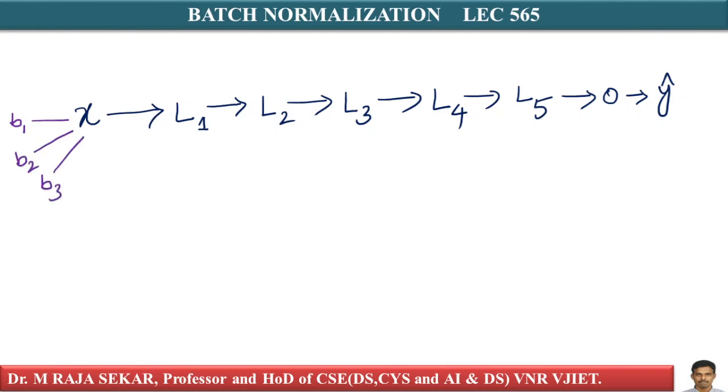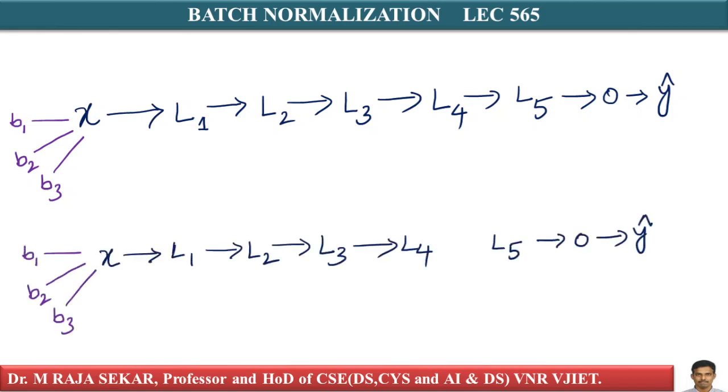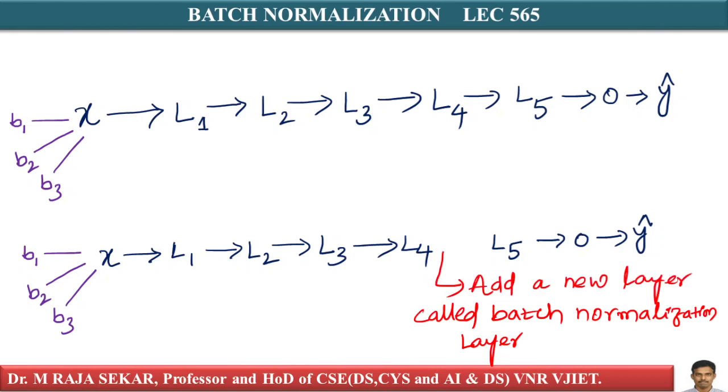I can add a new layer here. Let me assume I am adding a layer in between L4 and L5. I will add a layer called the batch normalization layer.